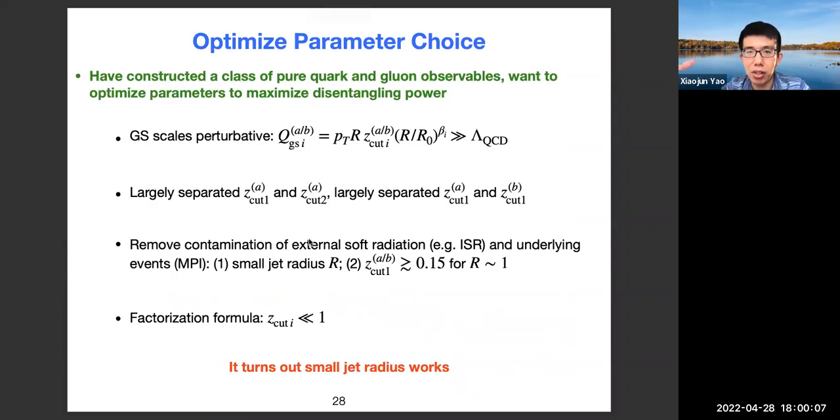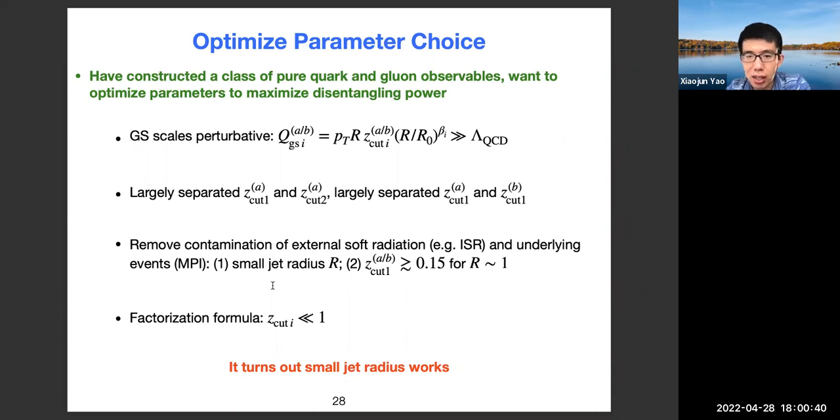Okay, this is just one constraint when we pick parameters. There are also other constraints, like we want to optimize our parameter choice to construct these observables. So first, we would require the global soft scales to be perturbative, otherwise the construction breaks down. And this is translated in this equation here. And we also want the z-cut 1 and the z-cut 2 in the A set to be largely separated, as I explained in the previous slide. This will correspond to largely separated z-cut 1 and z-cut 2, and also largely separated z-cut 1a and z-cut 1b.